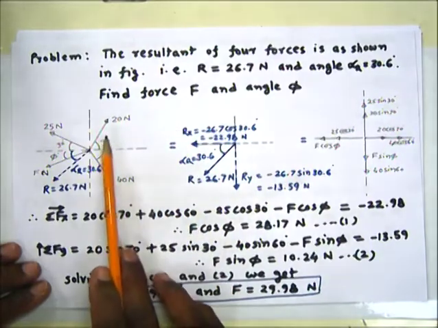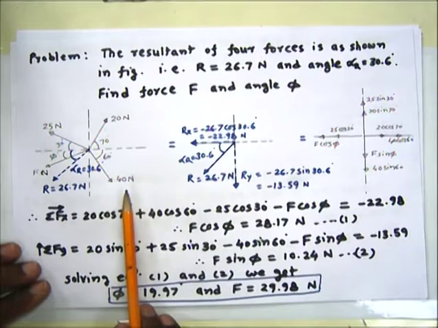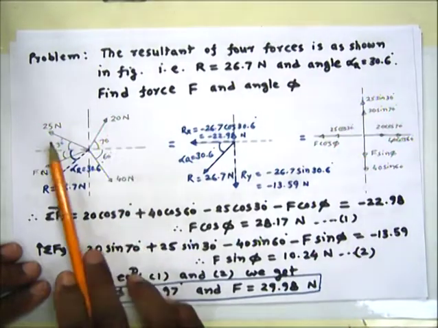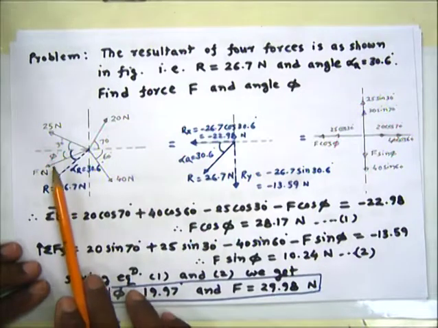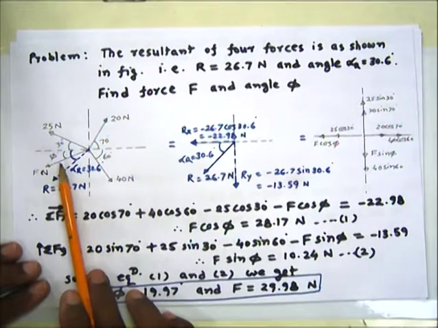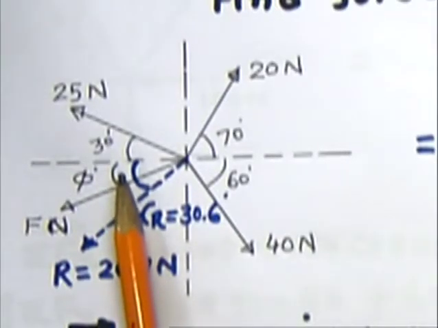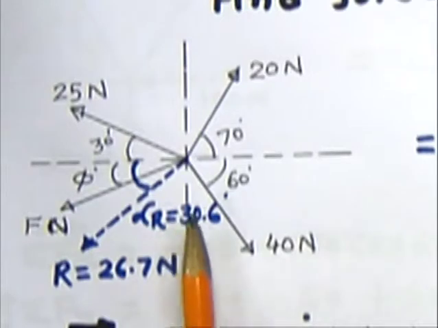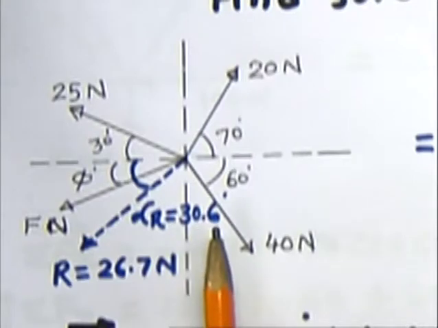Here is the force system given, in which the forces are 40 Newton, 20 Newton, 25 Newton, and force F, which is unknown, and it makes angle phi with the negative x-axis. Also the resultant of all these forces is given, that is R equal to 26.7 Newton, and alpha R, the angle of the resultant, is 30.6.